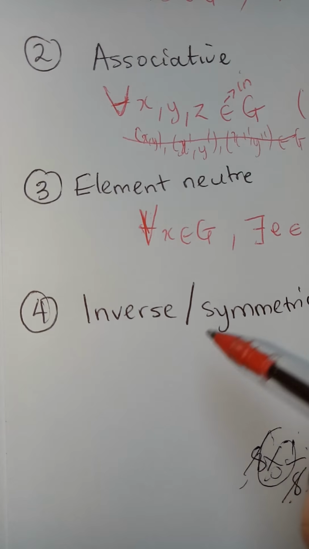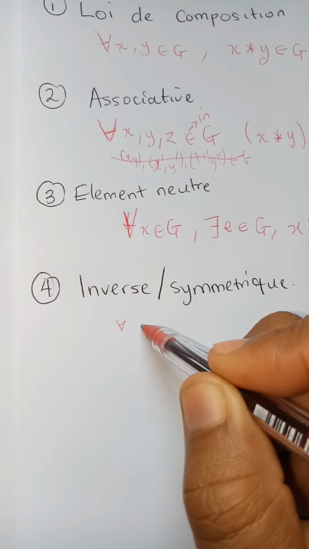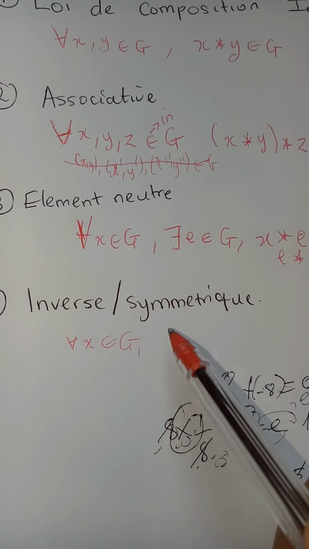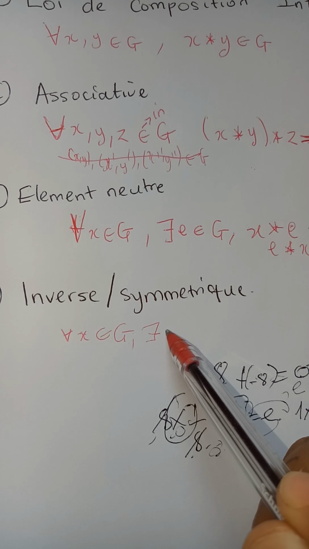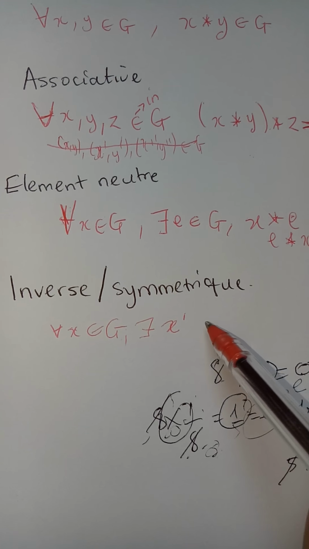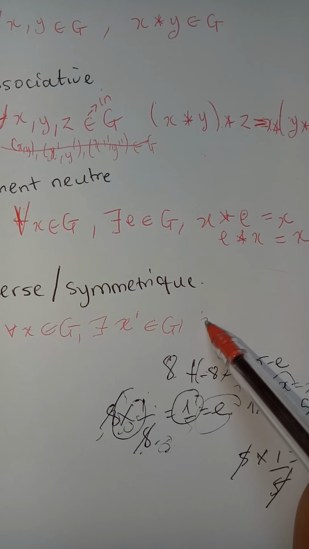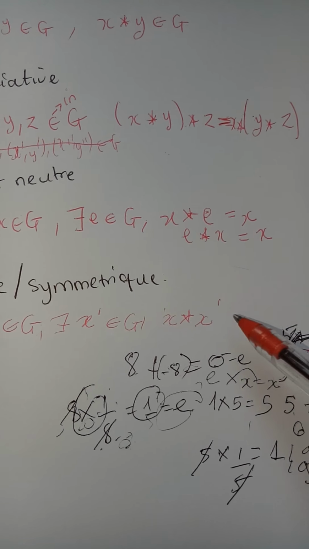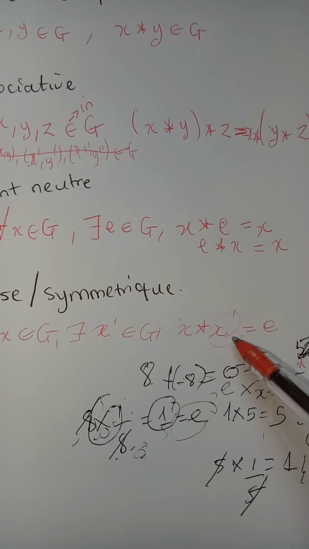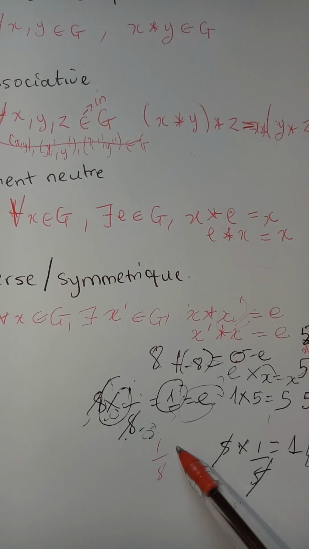So let's do our general definition. We'll say for every x appartient à G, remember I just need one element to verify, there exists x prime, or you can say x bar, appartient aussi à G, remember it must remain in that ensemble, such that x étoile x prime, remember that is the law we're working with, will give us e, the element neutre, and also x prime étoile x should give us the element neutre, because even if I say 1 over 8 times 8, I will still get 1.